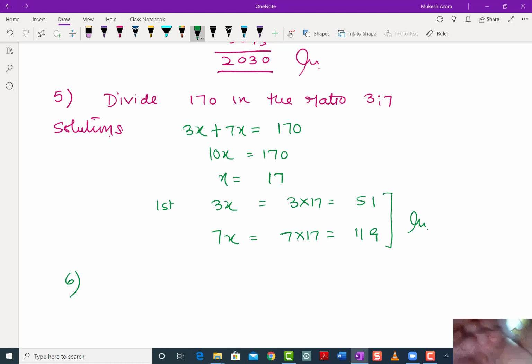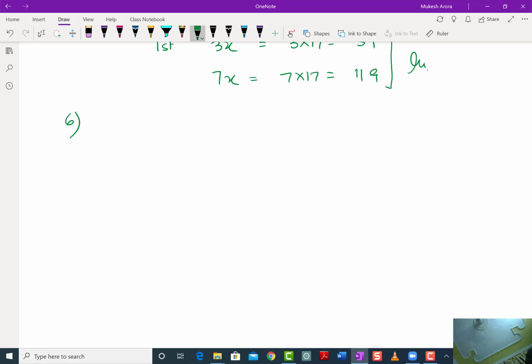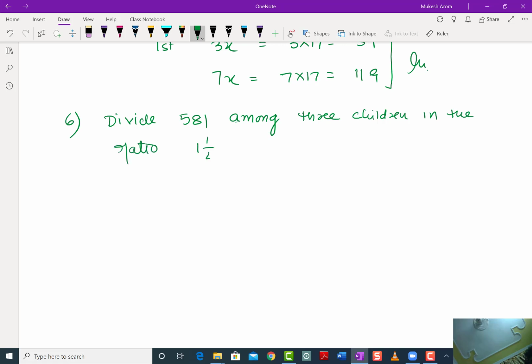Question number 6: divide 581 among 3 children in the ratio 5 by 4, 4 by 3, 7 by 8.